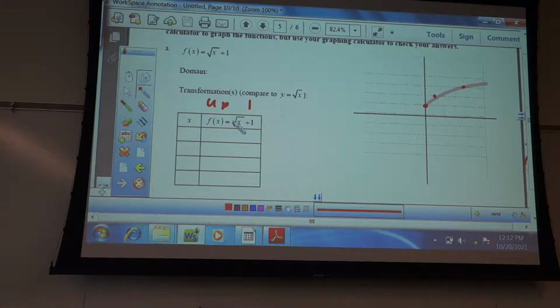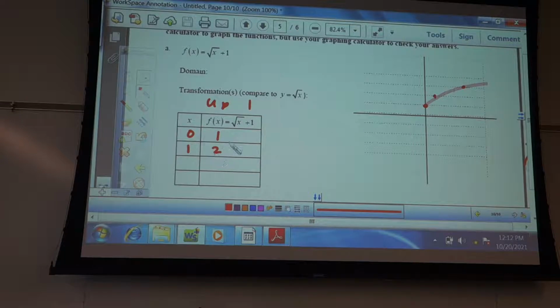So I've got to figure out what those points are. This first point is 0, 1. The next point would be over 1, up 1. So x goes up 1, y goes up 1.